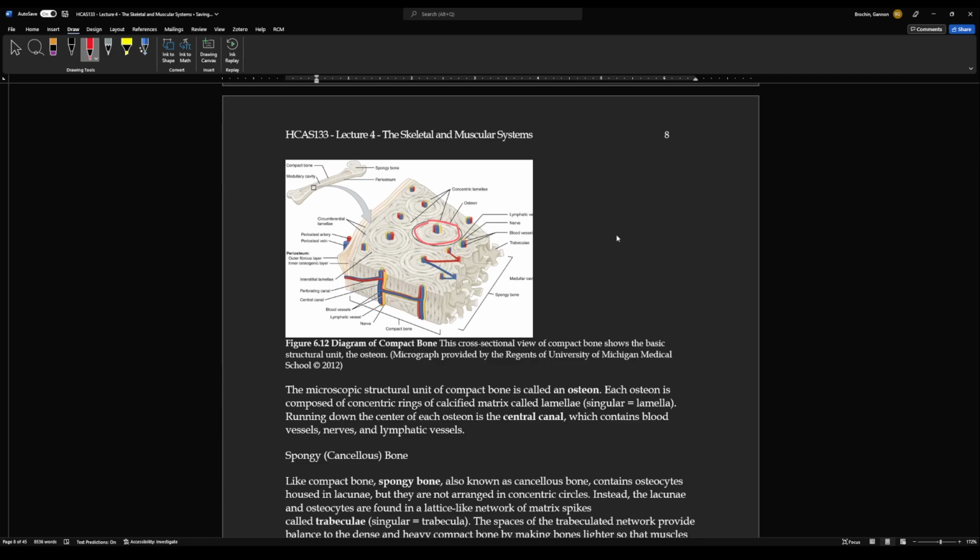Spongy bone or trabecular bone is going to be a little different, but compact bone is primarily where a lot of the strength for bone comes from, whereas the spongy or trabecular bone is where a lot of the marrow is stored. Within each osteon, though, it's very important to recognize we have a set of artery, nerve, vein, and sometimes lymph node. Again, lymph node, very important for lymphocytes.